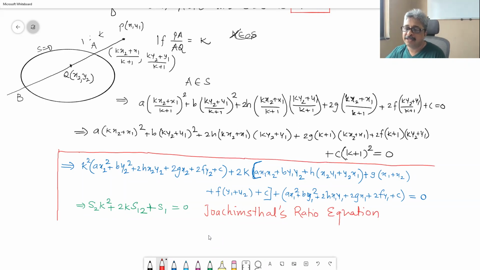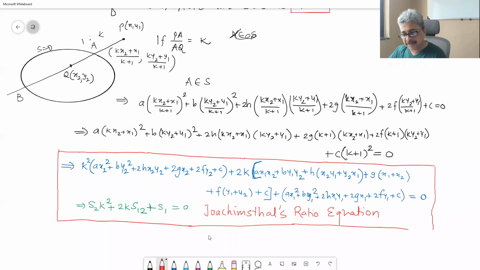That is the only time we will pronounce it like this. Otherwise, we will call it the JR equation. We will use the JR equation one more time in our life, but presently it is time to use S2 k square.